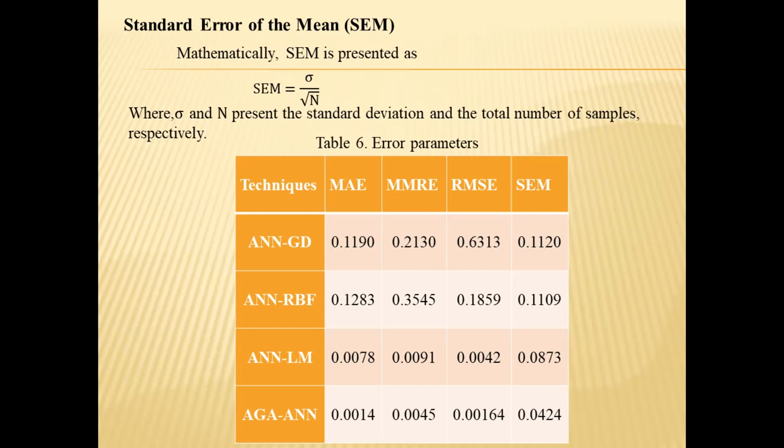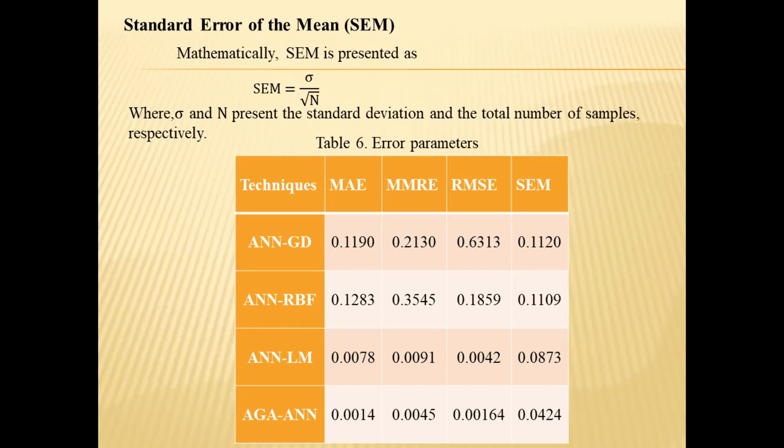Thus, we can say that AGA-ANN model is superior even though it shows higher dimension than the ANN-RBF model. As we see in table 6, ANN-RBF shows higher error than the proposed AGA-ANN model.